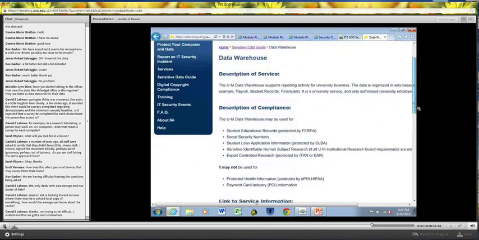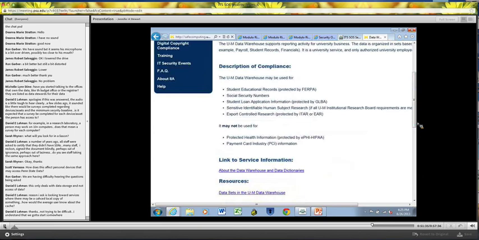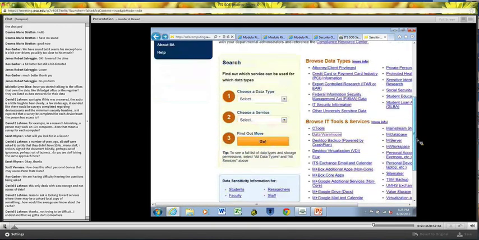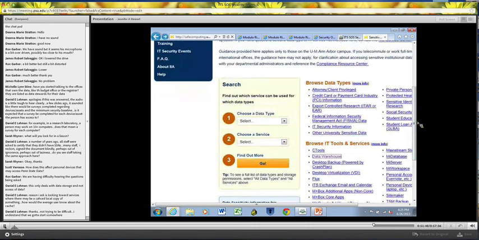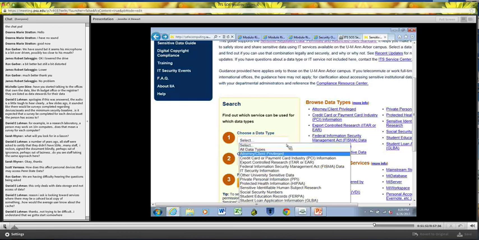This tells you when you move down what you can and cannot store on the data warehouse. And go back. I'm not getting the green, yellow, red. Yeah, that's what I was looking for, the stoplights. Choose a data type over on the first thing. Attorney-client privilege, I don't know, it doesn't matter.